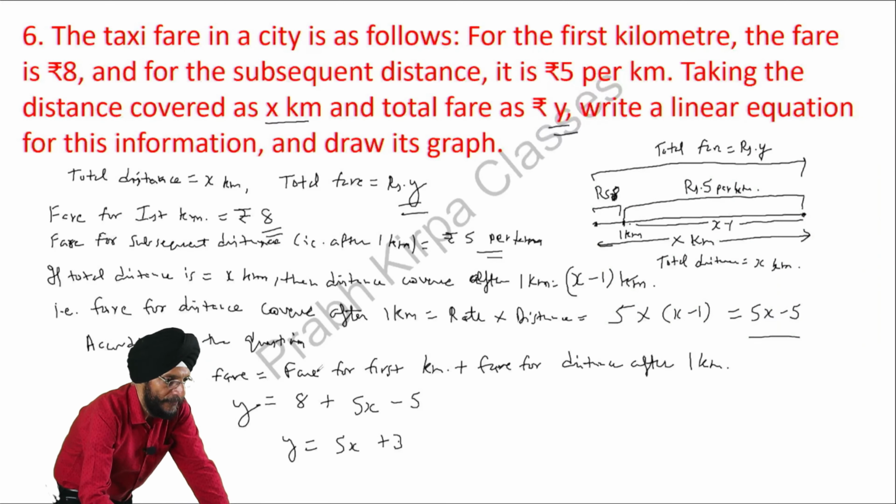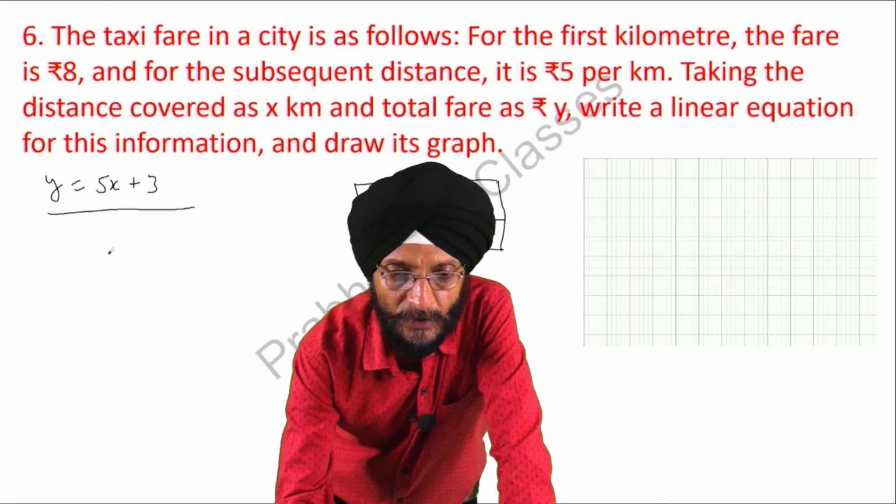Here we will form a graph. To form the graph, we have to draw at least two solutions. That is, we have to find the values of x and y at 2 points so that we can draw 2 points on the graph. So this is the equation.